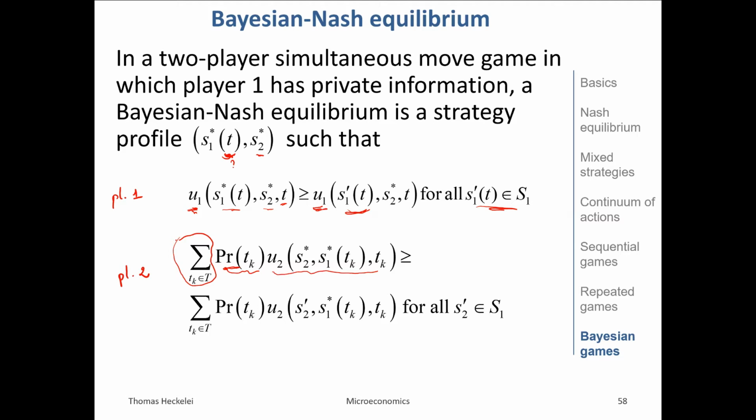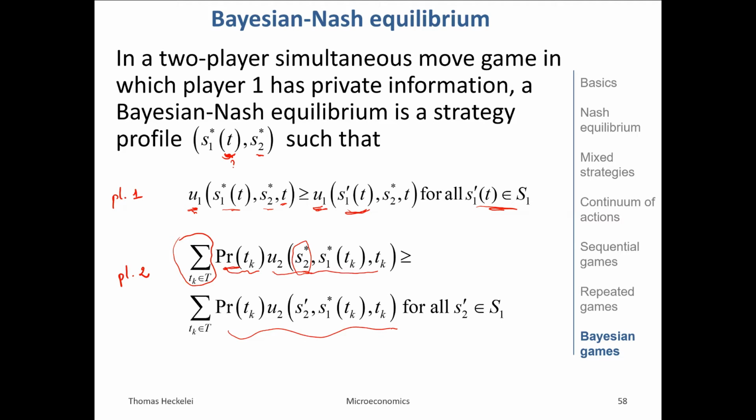So this expected payoff from playing the strategy S2 star must be larger than or at least equal to the expected payoff of any other strategy that he or she may have in the possible strategy set.